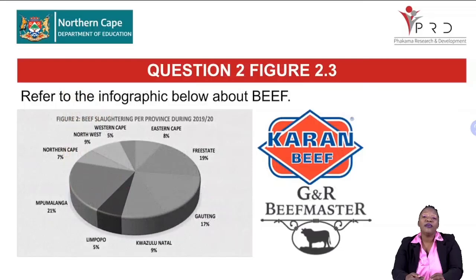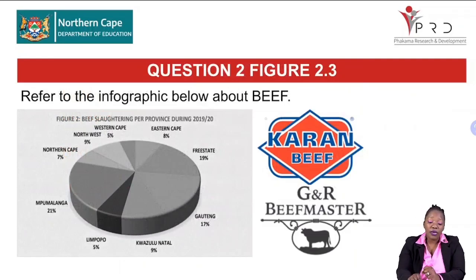So again, it is important that you go through the infographic. So hence you see, refer to the infographic below about beef. Remember this year, one of the questions on South African products that will be asked is beef.